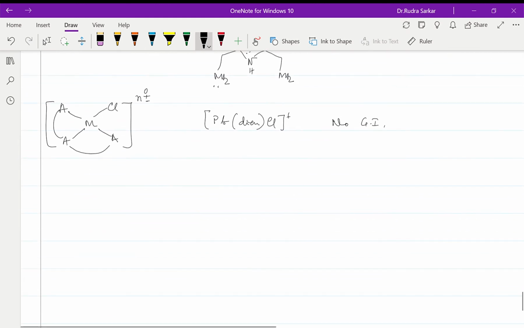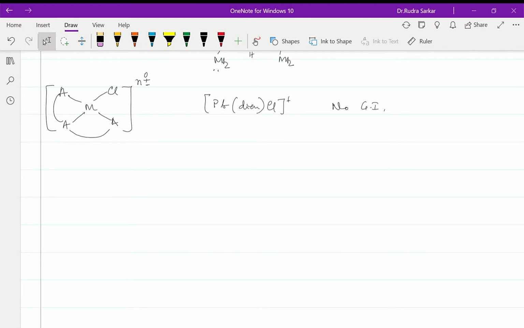What if we use a bidentate ligand but with different types of donor points? Say we take MAB whole twice, where A and B are connected via a chain.